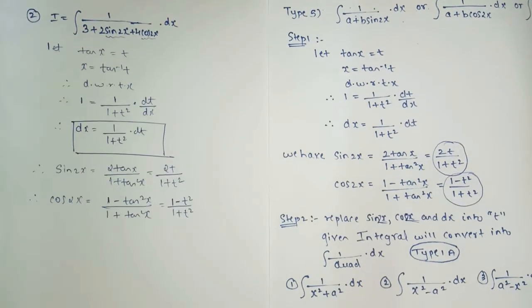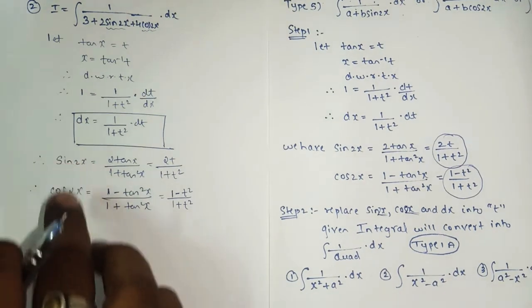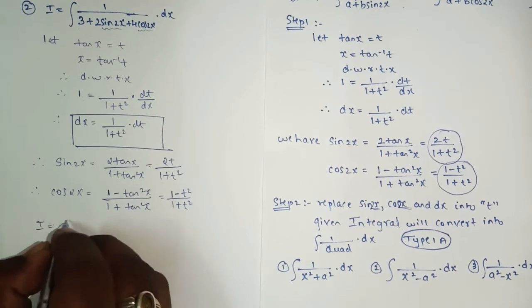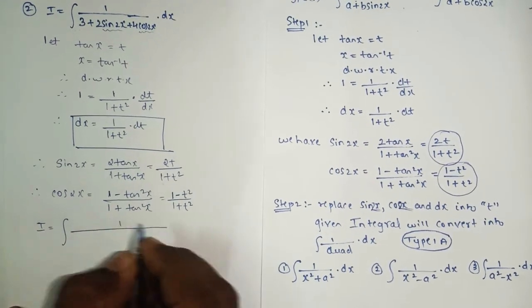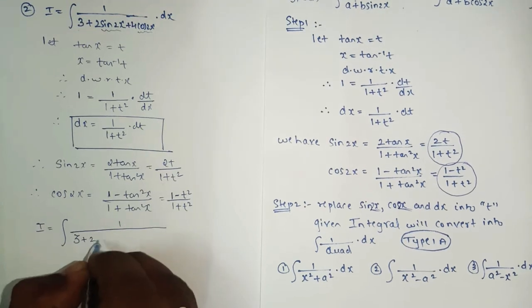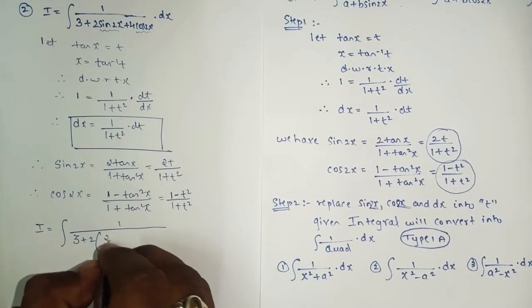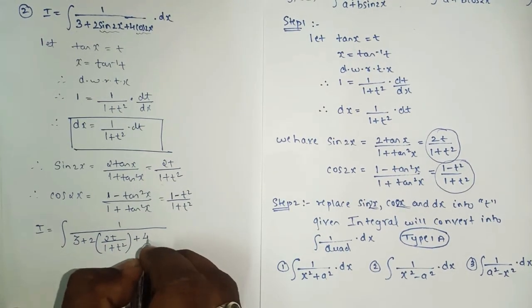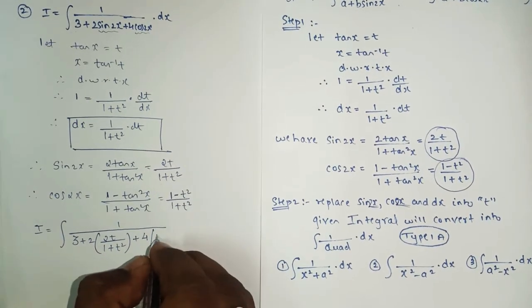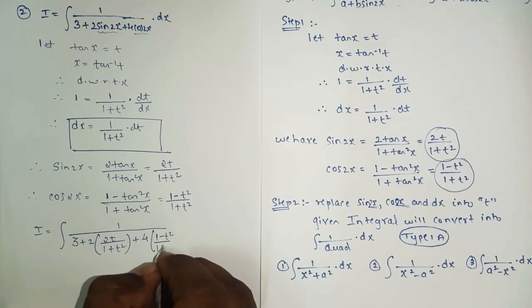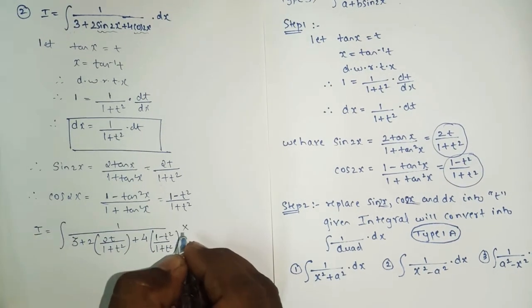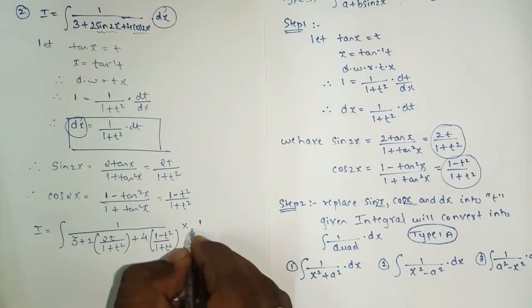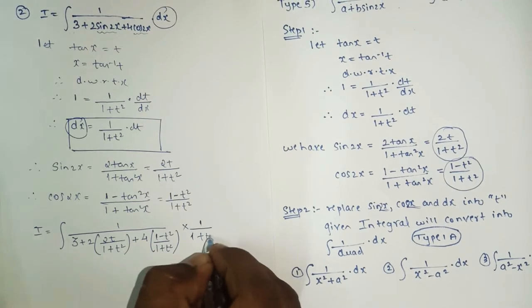Now in the next step, we have to replace sin 2x, cos 2x, and dx in terms of t. So I will be equal to 1 upon 3 plus 2 into sin 2x, which is 2t upon 1 plus t square, plus 4 into cos 2x, which is 1 minus t square upon 1 plus t square, into dx, which is 1 upon 1 plus t square into dt.